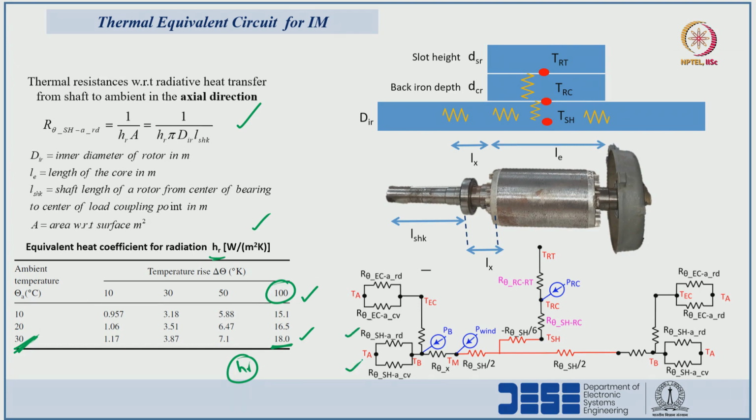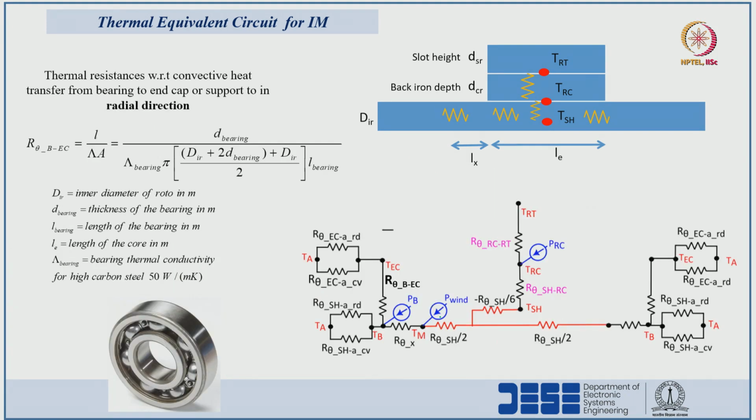So, after knowing R theta, the thermal resistance between the bearing point to the ambient point, with respect to this point to this point, how the heat is transferred, then we have to analyze the resistance between the bearing node and the end cap.